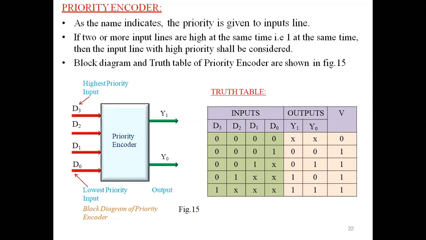Otherwise it is 0. That is the valid bit indicator here. So V is nothing but the valid bit indicator.